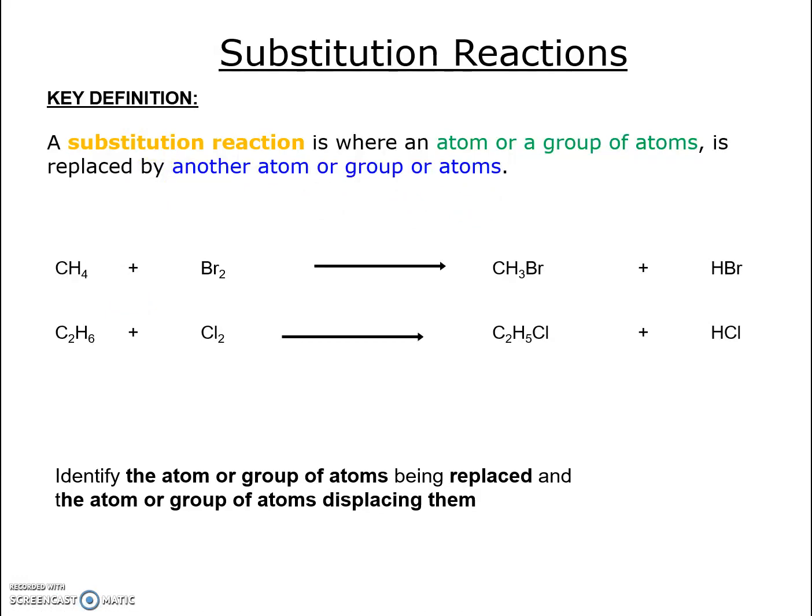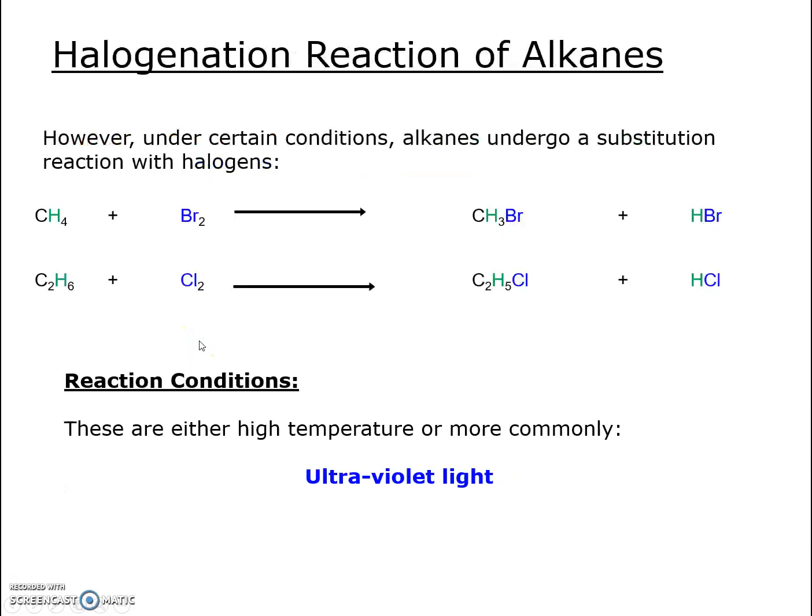So pause the video and try looking at these equations, and identify which atoms are being replaced by what. So what you see is that a hydrogen atom is being replaced by a bromine in this one, and here we've got hydrogen being replaced by a chlorine in the second equation.